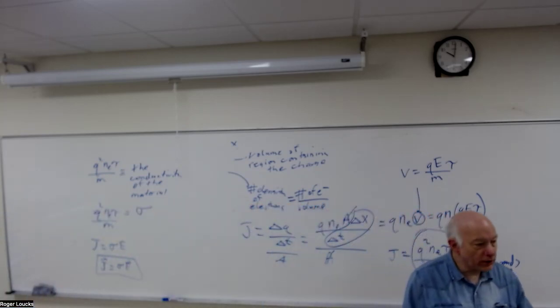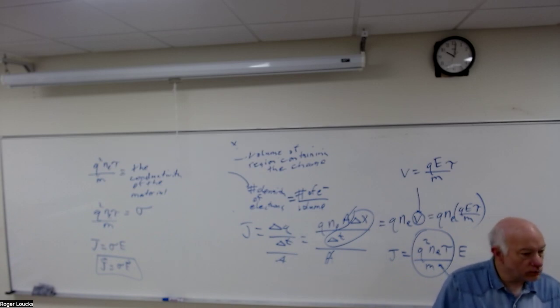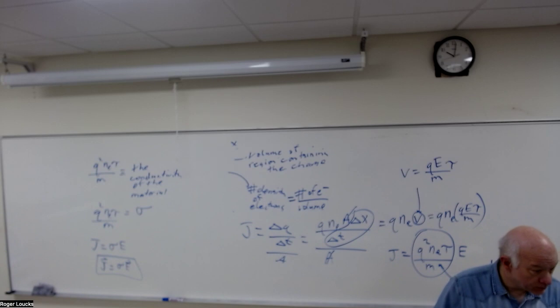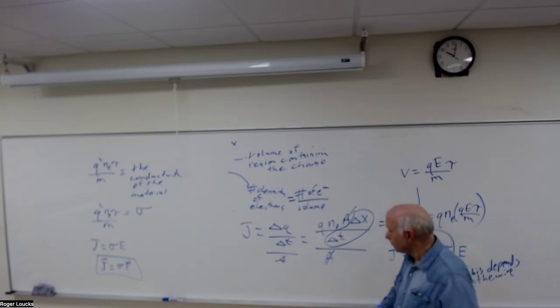If that sigma is large, we have a metal. If that sigma is really small, what's the opposite of a metal? An insulator. What's in between an insulator and a conductor or a metal? A semiconductor.